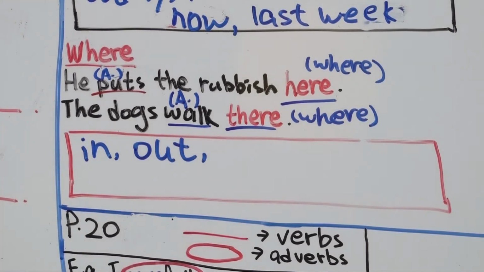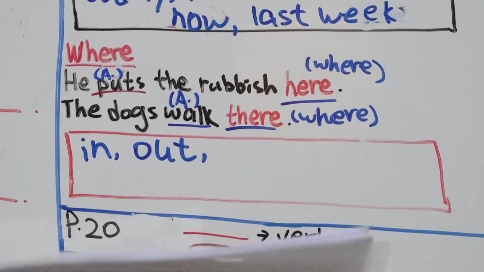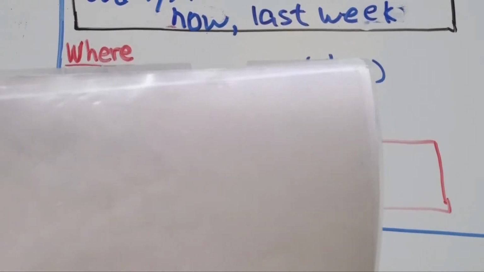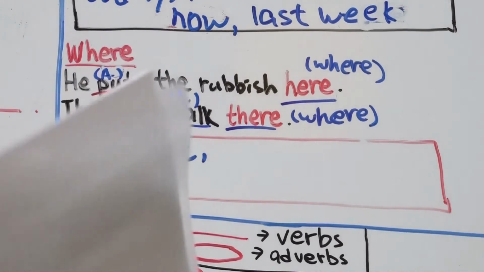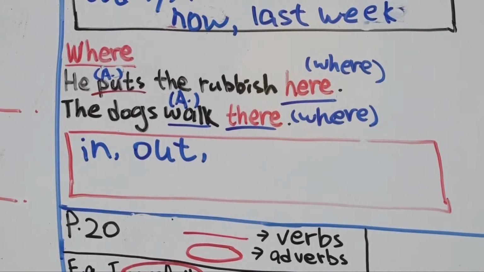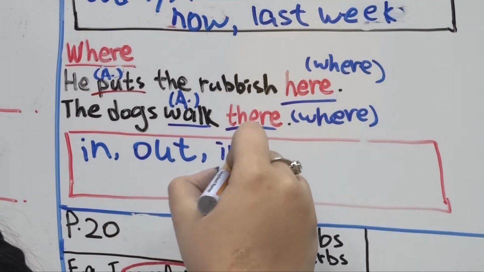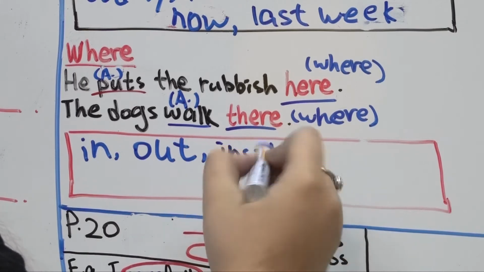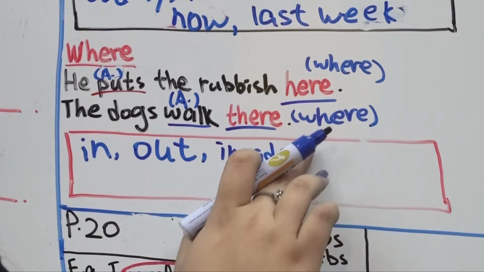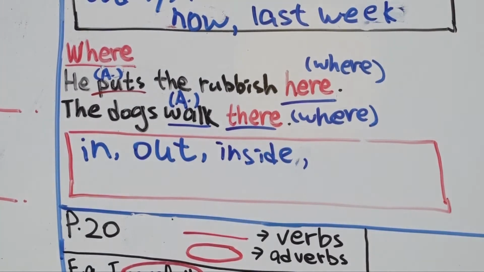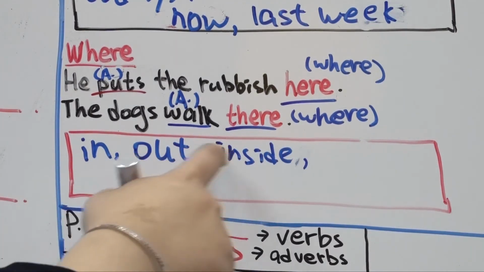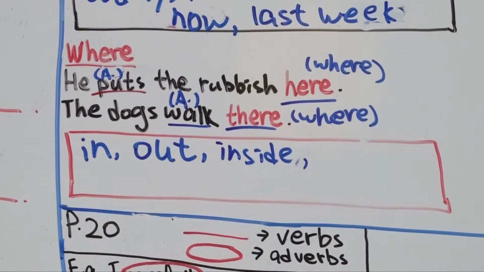I put this marker, watch the book, inside, right? Inside is also an adverb. What is the opposite of inside? In, out. Inside, outside.